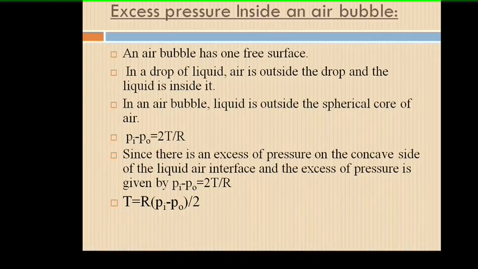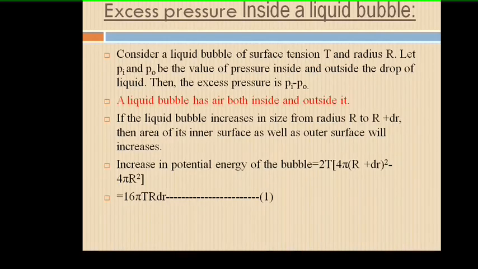That's why we have the equation for an air bubble as excess pressure equal to twice T by R, since there is an excess of pressure on the concave side of the liquid-air interface, and the excess pressure is given by Pi minus Po is equal to twice T by R. Similarly, surface tension can be written as R into Pi minus Po by 2.